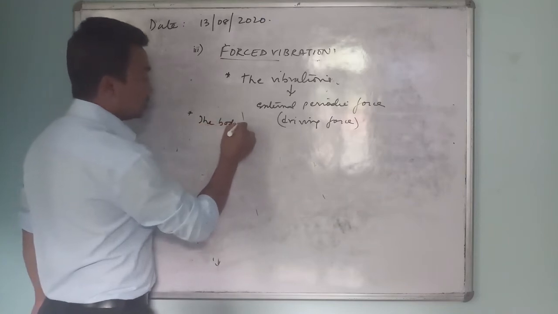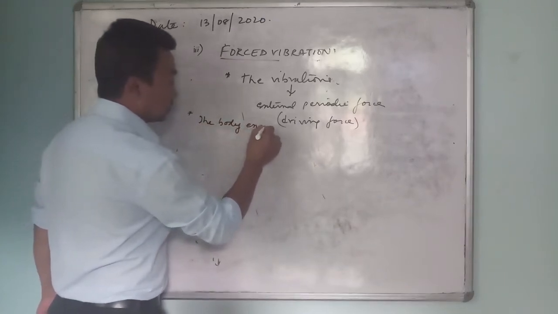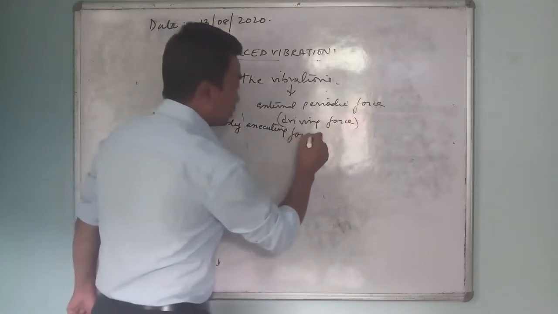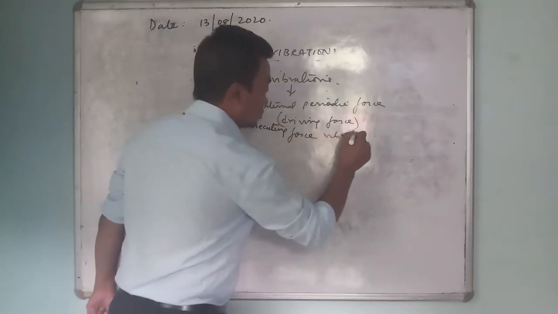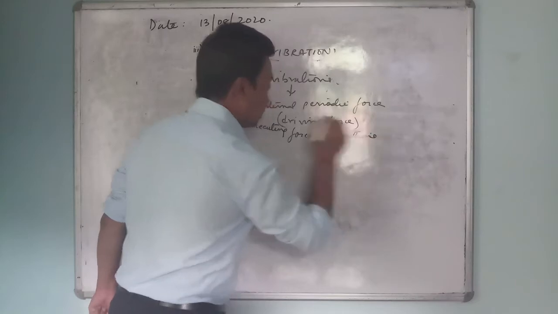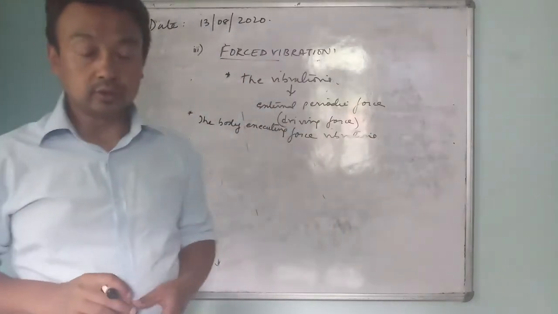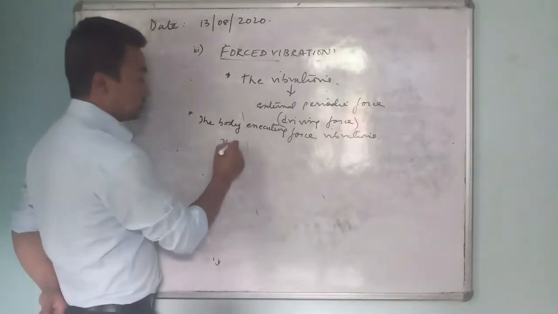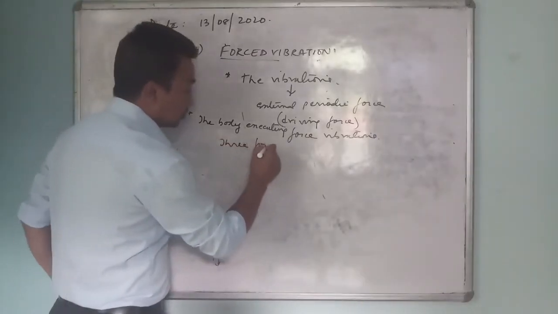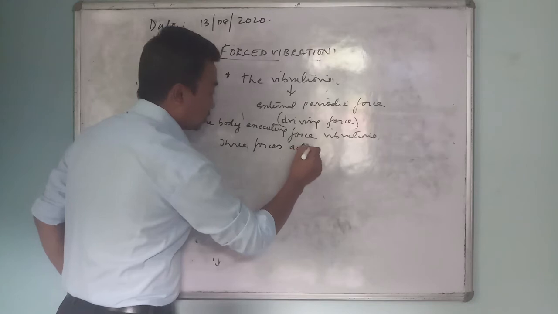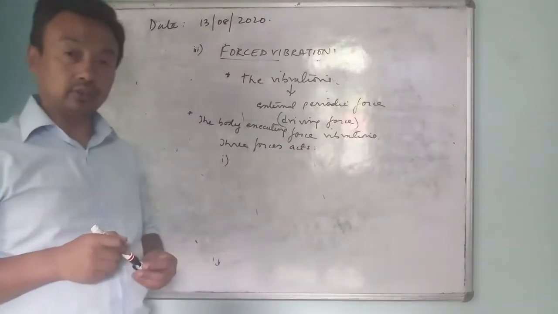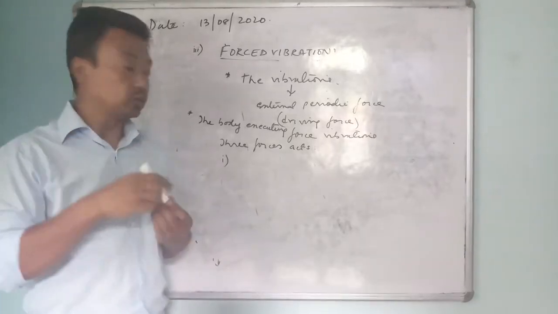So the body executing forced vibrations, in that the three forces will be acting. Number one, as in the case of the damped vibration, there will be a restoring force.